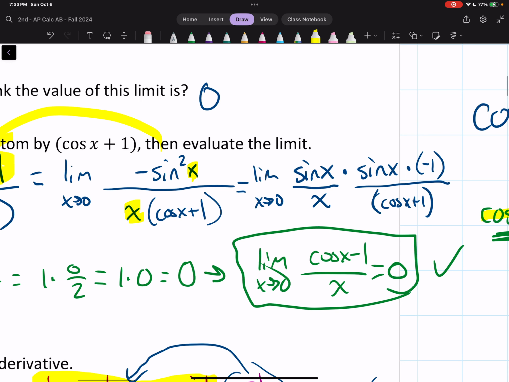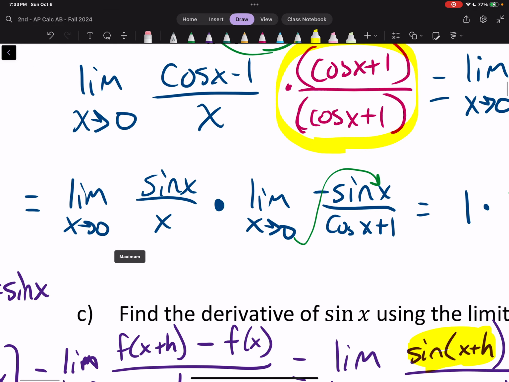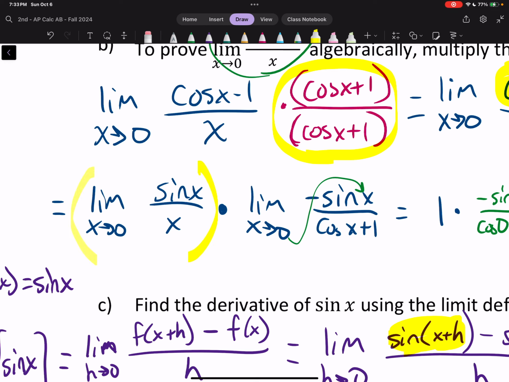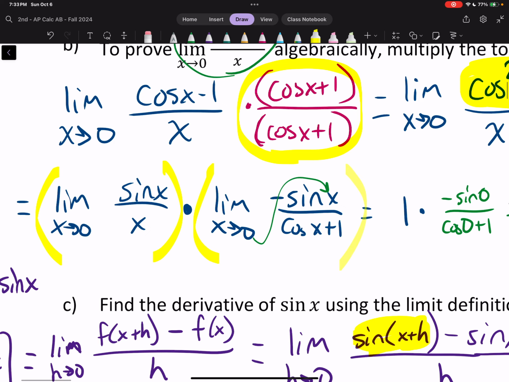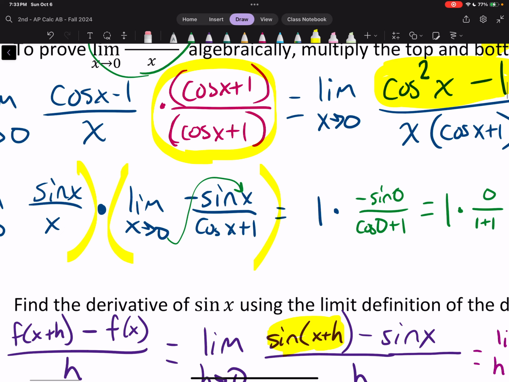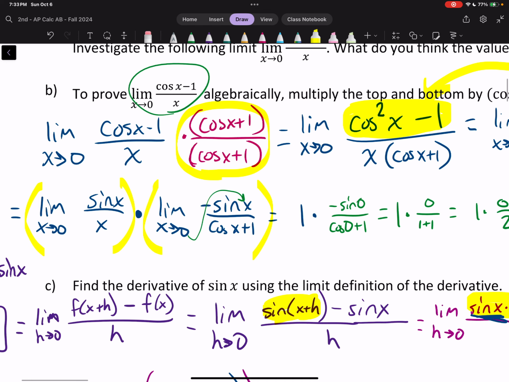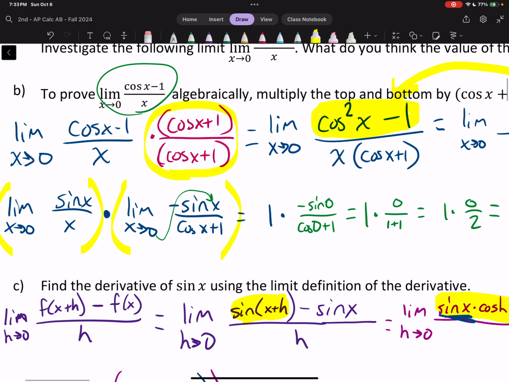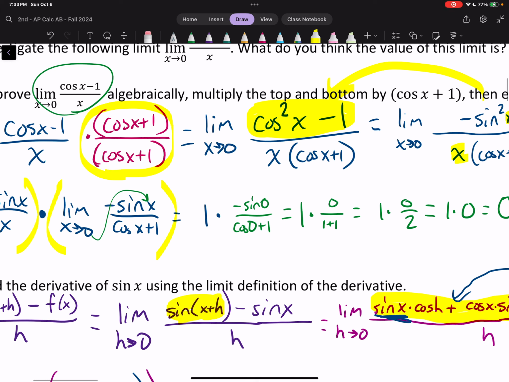Then we're going to split that sine squared of x into two sine factors, and we're going to group that x along with one of them, and then we're going to split that limit up so that we've got the limit as x approaches 0 of sine of x over x that we know is 1 as one factor, and then the rest as our other factor. Okay, and then we can try direct substitution with what is left, and we're going to get 0 over 2 with what is left.